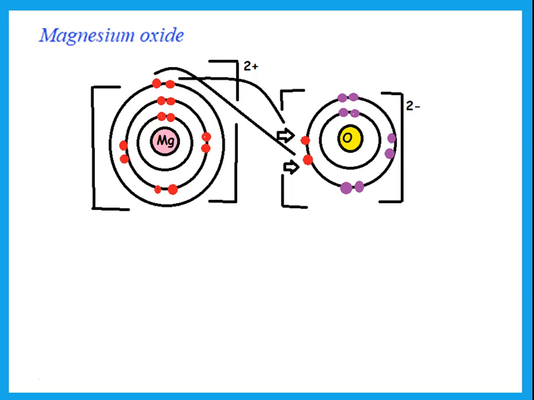Now the oxygen has 6 electrons because it is something in group 6, so it takes these 2 electrons from the magnesium to complete its outer shell, and that means that the magnesium now no longer has electrons in its outermost shell, and it has lost 2 electrons, and that means it has extra 2 positives. You can also write it 2 plus or plus 2. Now the oxygen originally had 6 of its own plus the 2 that it took from the magnesium, and that means it has 2 extra negatives on it. Do not forget to write the charges.